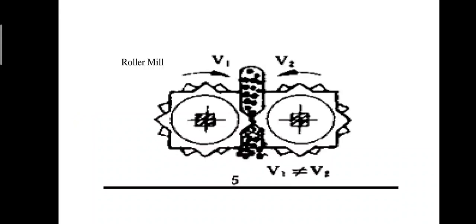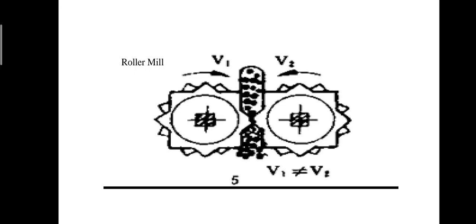Here we can see a picture of a roller mill. In this roller mill, a delivery device is present to supply a constant and uniform amount of the material to be ground, and a pair of rolls we can see, which is mounted horizontally in a rigid frame, and one roll is fixed in position and the other can be moved closer to or further from the fixed roll.